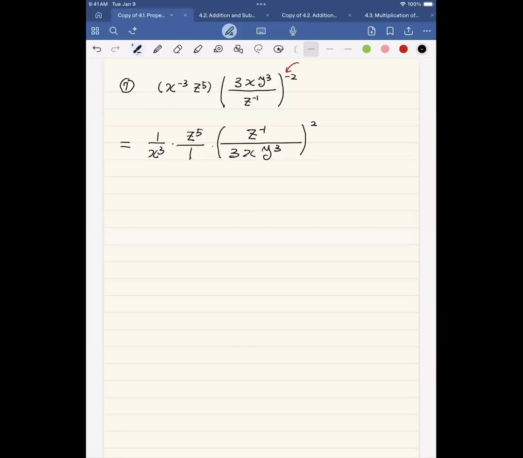And then we want to distribute this to each factor. Then that'll become z to the 5th power over x cubed times z to the negative 2 power over 3 squared times x squared times y cubed times 2.